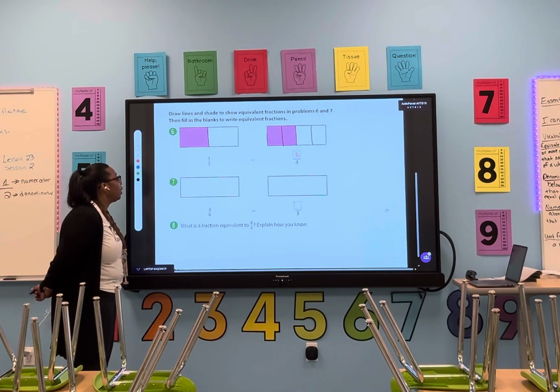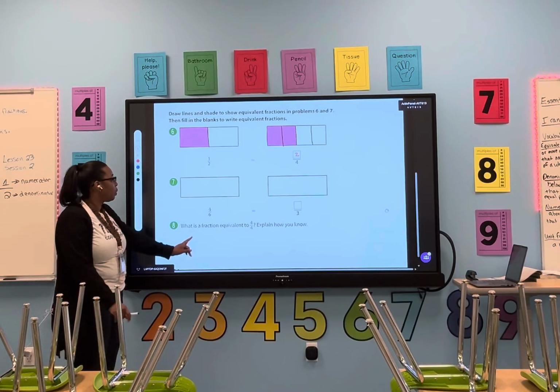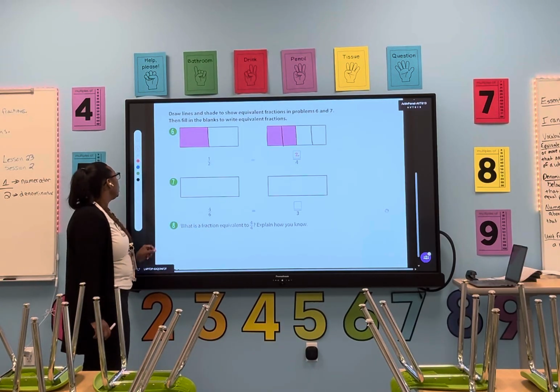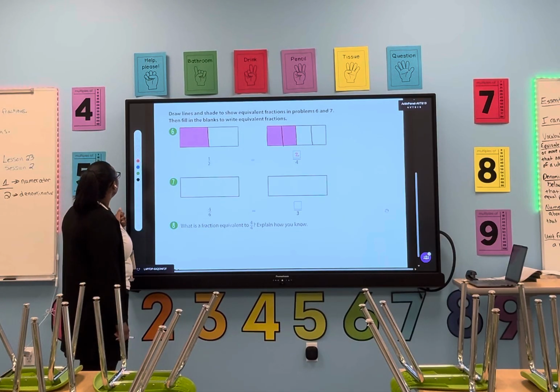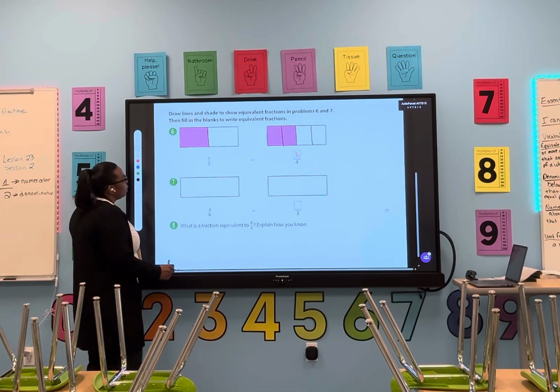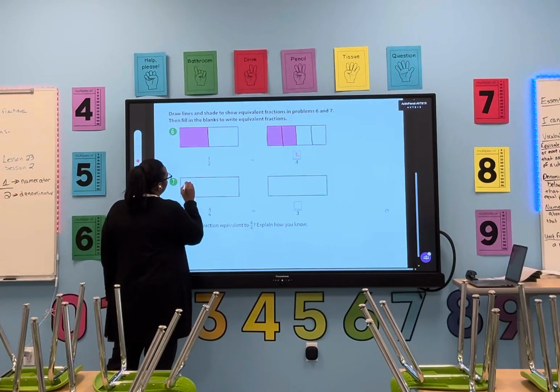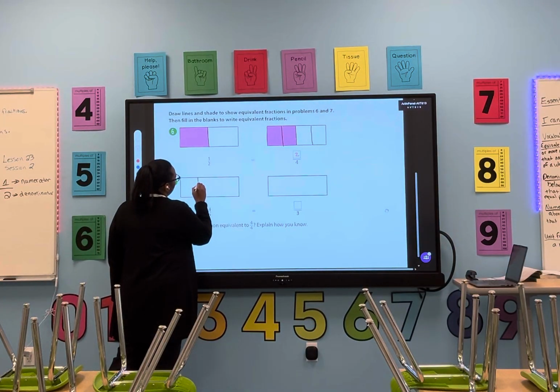So we can go ahead and put this into 6 parts because my denominator is 6. Now, there are a couple ways we can do this. I can do it by dividing this up into 6 parts going this way.